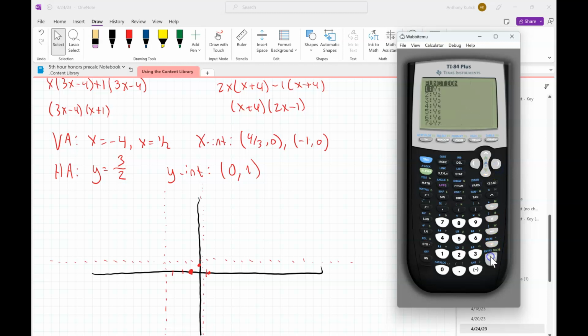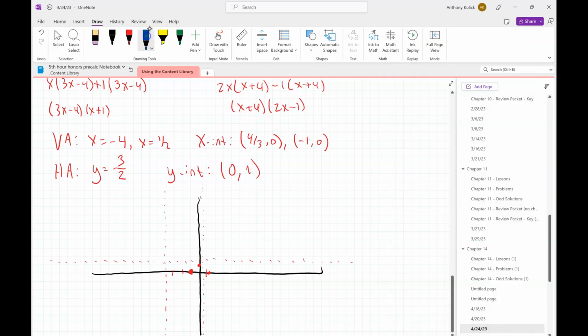Vars, y vars, function, y1. So I need to figure out what's happening on the left side of -4. I'm going to pick some numbers that are a little bit smaller than -4, but are getting progressively closer to -4. So -4.1, -4.01, and -4.001. And I see that they're getting bigger each time.